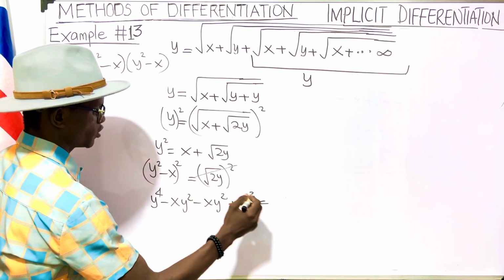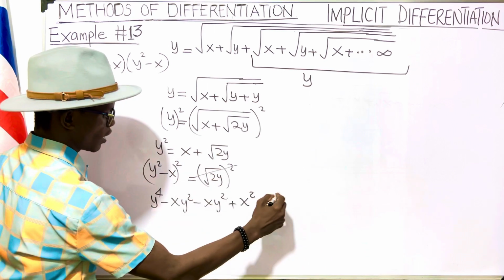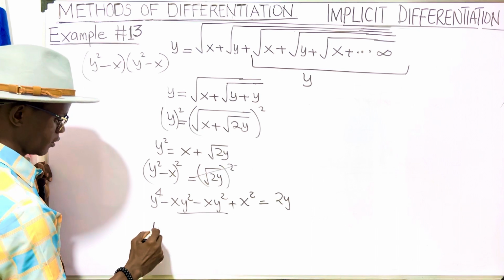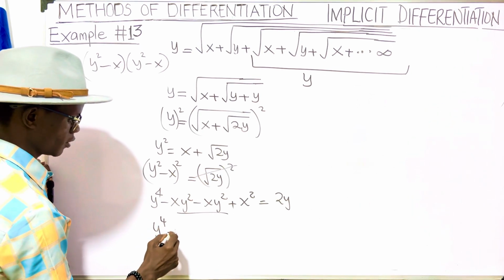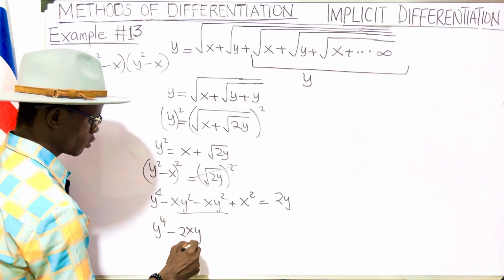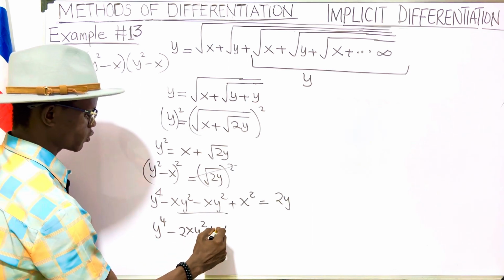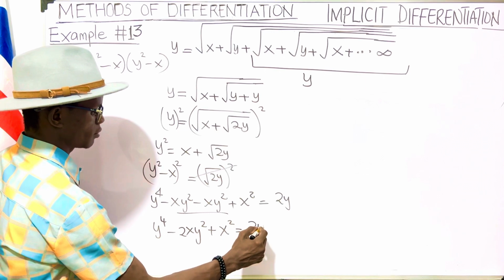All must be equal to 2y. Combining like terms, y to the fourth minus 2x y squared plus x squared equals 2y.